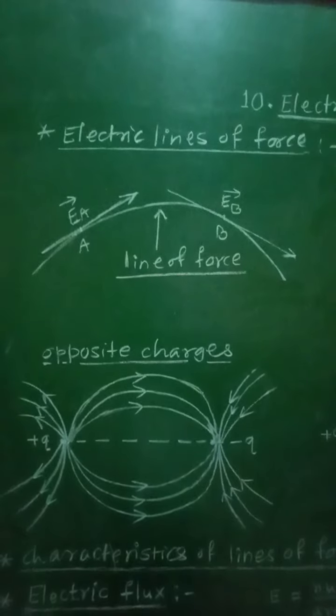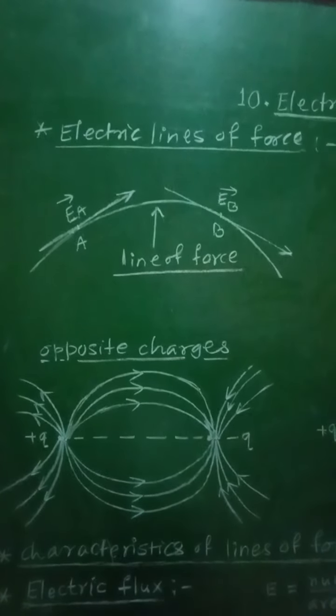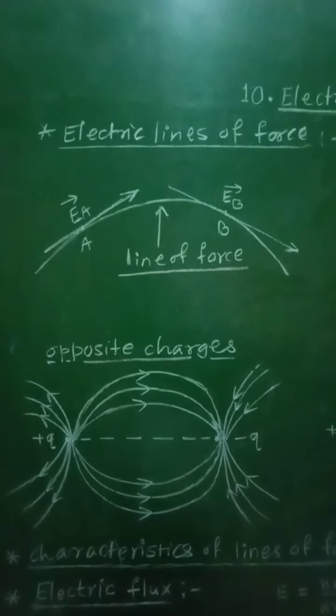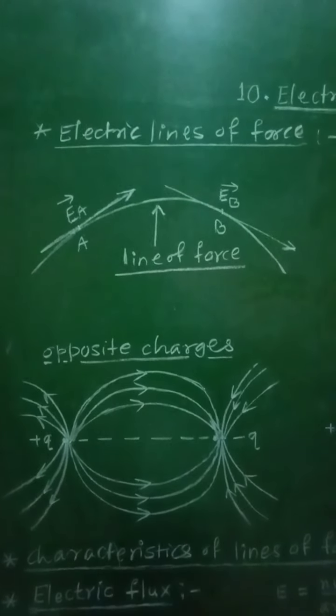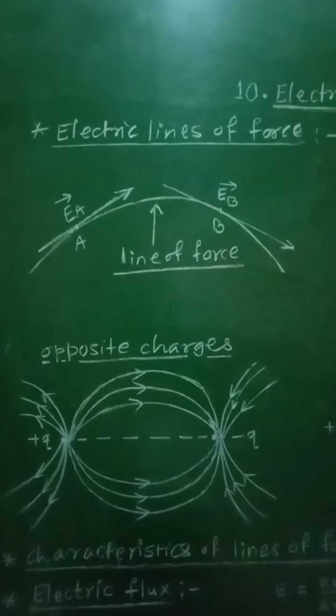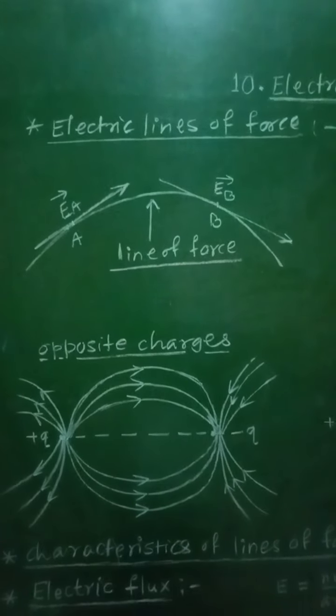The path along which the unit positive charge moves is called a line of force, and therefore a line of force is defined as the curve to which a tangent drawn at any point gives the direction of electric field at that point.